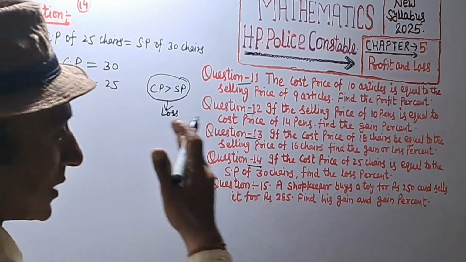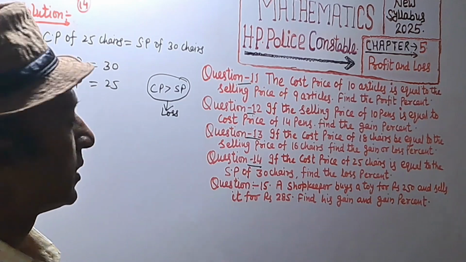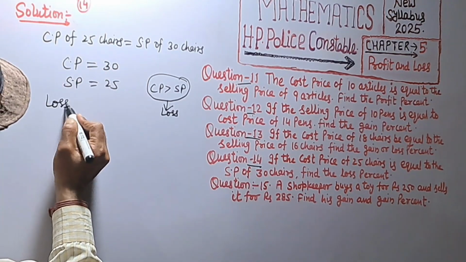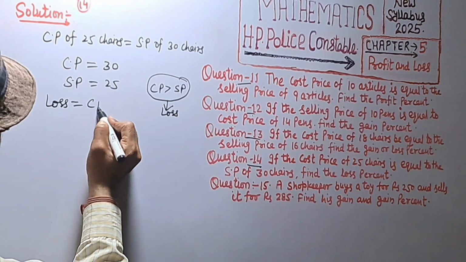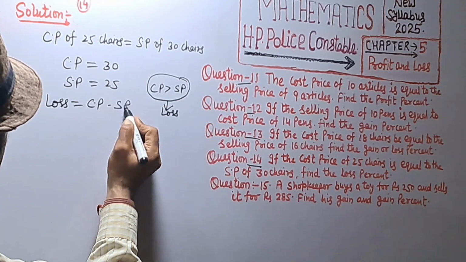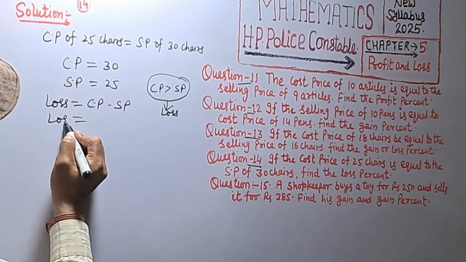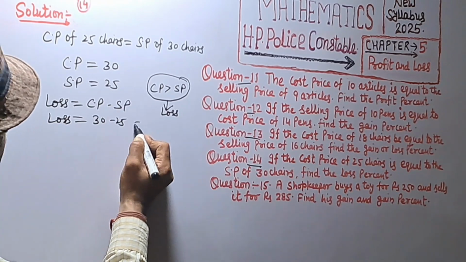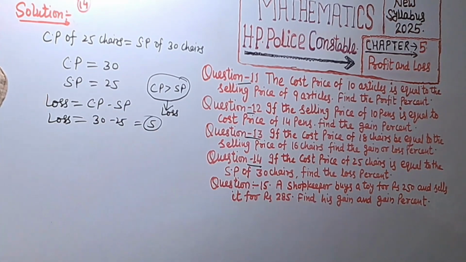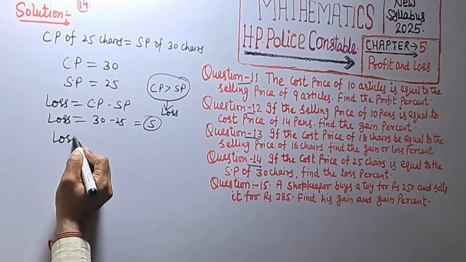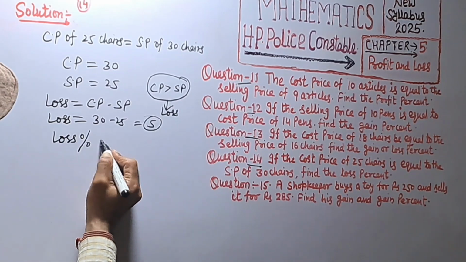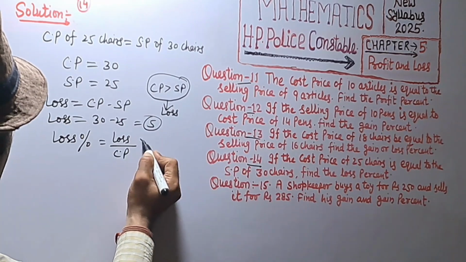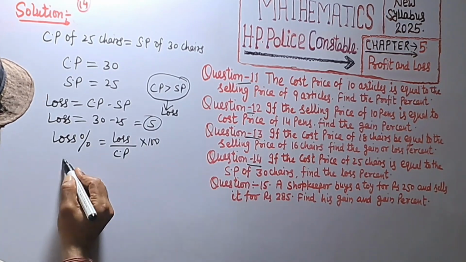When cost price is greater than selling price, then we get loss, that is cost price minus selling price. 30 minus 25 equal to 5. And loss percent equal to loss upon CP multiplied by 100.